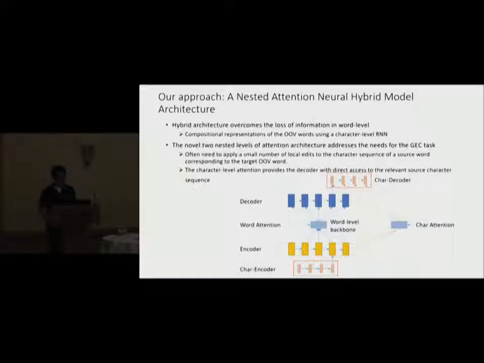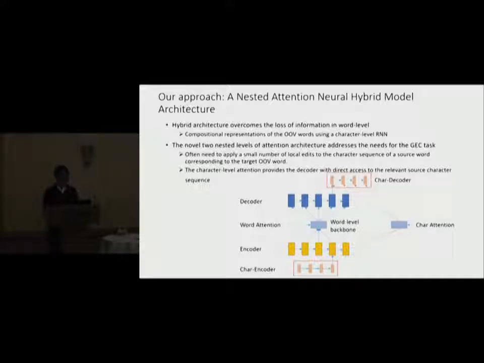The second novel idea is a nested level of attention architecture so that we can address problems in the GEC task, particularly the many small local edits to the character sequence of the source word corresponding to the target OOV word.